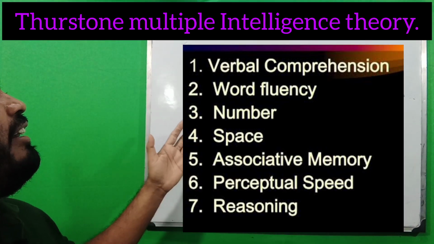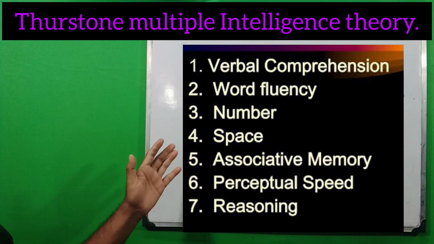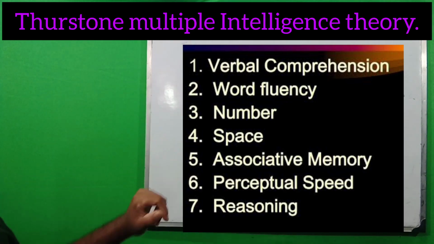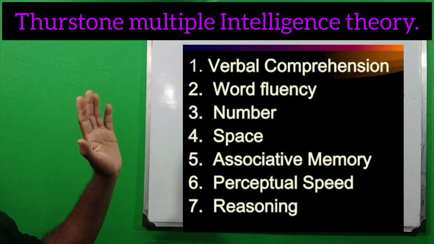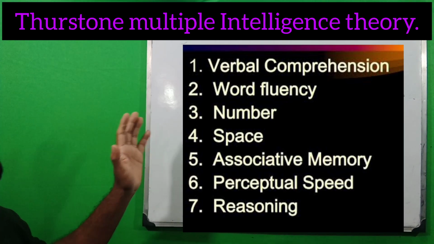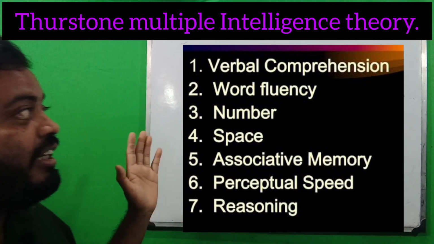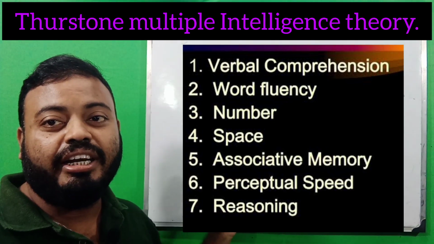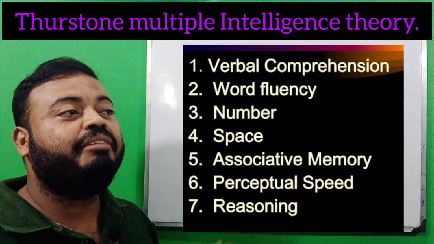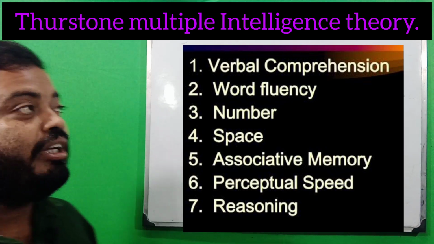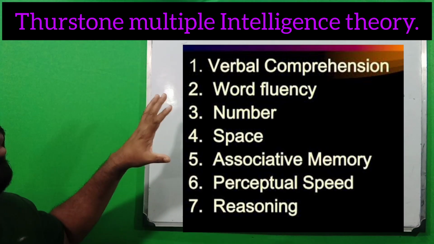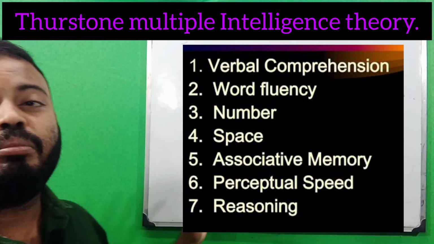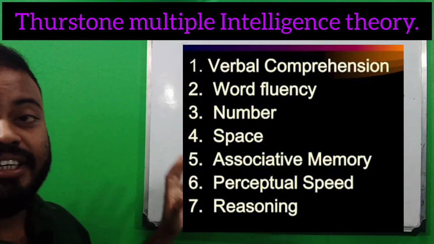Thurstone selected V, S, N, M, W, P and R. These are the components of multiple intelligence factors given by Thurstone. Each of these 7 letters has a meaning, and this meaning is very important for intelligence.